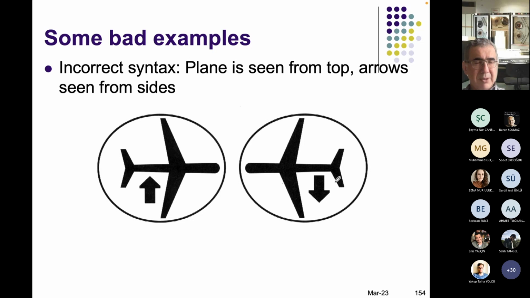When creating metaphors, don't make syntax mistakes, visual syntax mistakes. These are called visual syntax errors. So this is for departures. This is for arrivals. So what is the problem here?